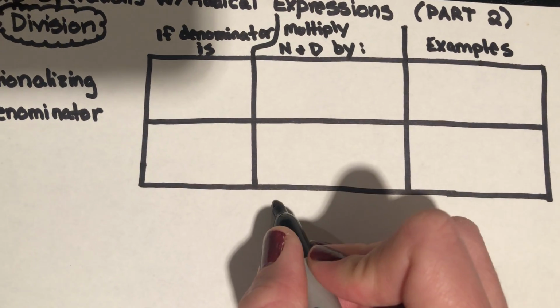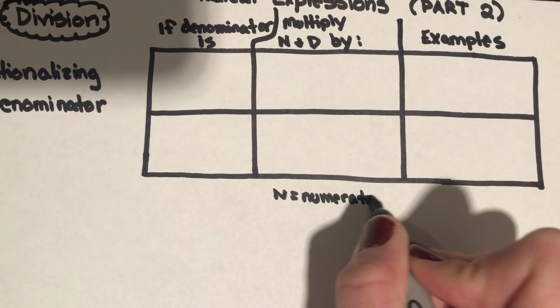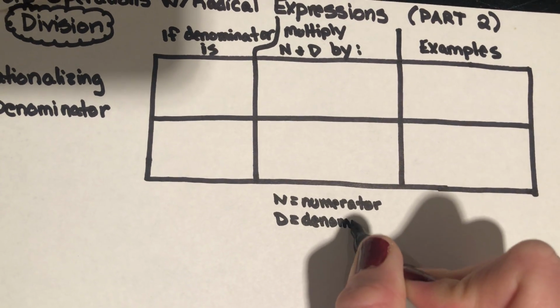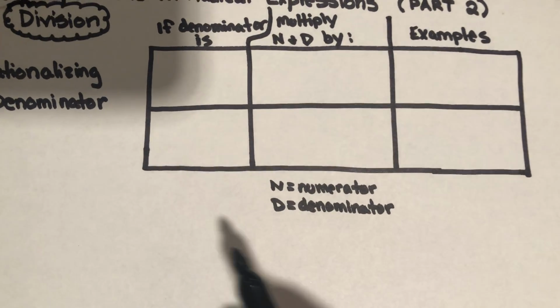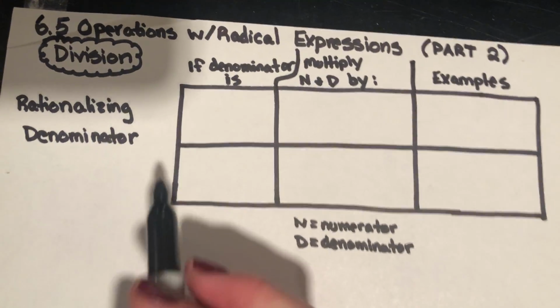So n equals numerator, d equals denominator. I was not going to have room to write that up there. So that kind of explains what those two variables mean. Okay, so we're going to do a first one.